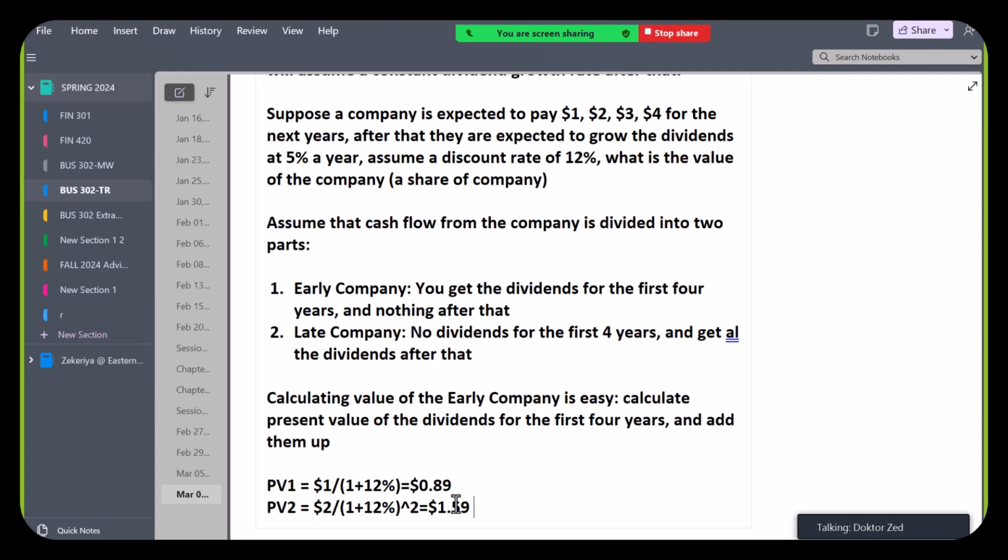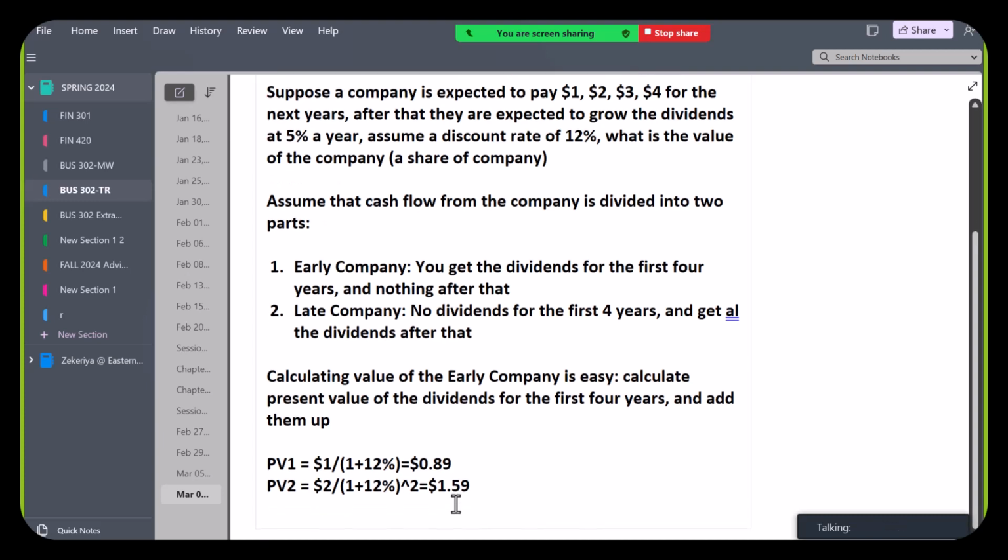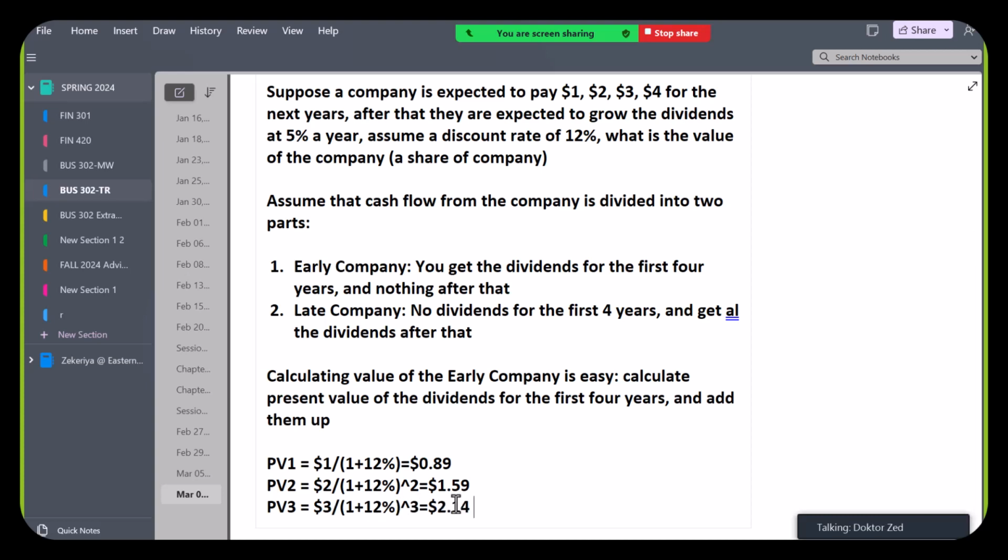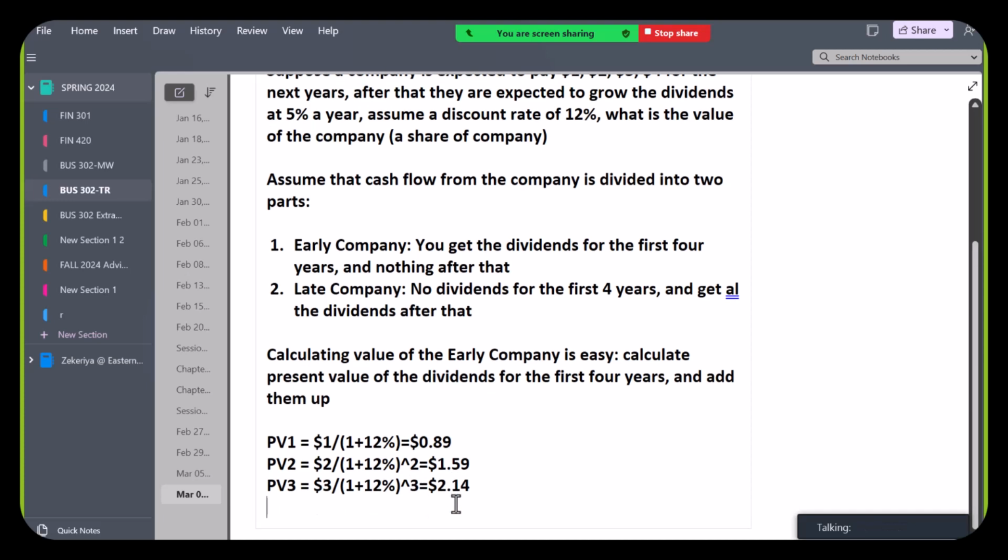You're discounting twice. So that's equal to 1.59. PV3, $3, 1 plus 12% raised to the power 3. And the fourth year, you're going to get $4, 1 plus 12% raised to the power 4.